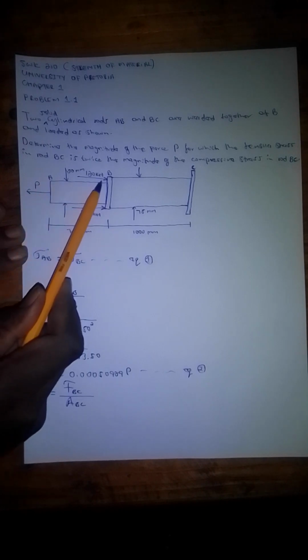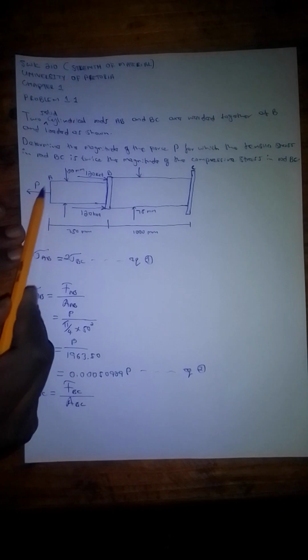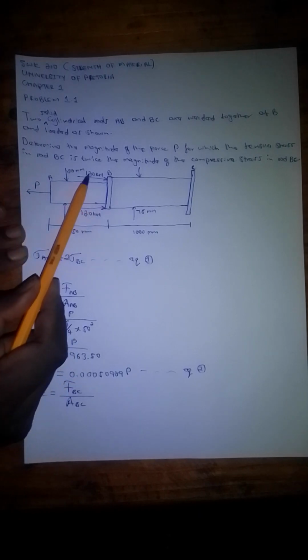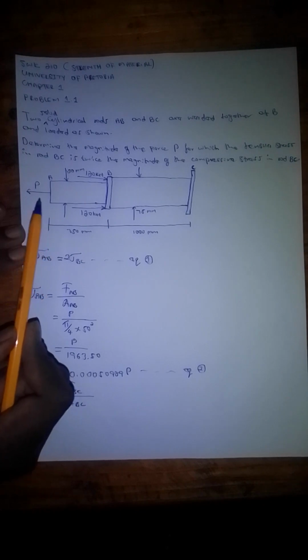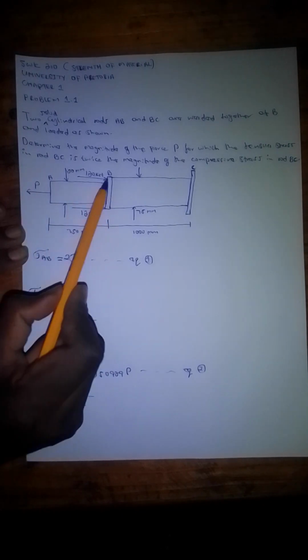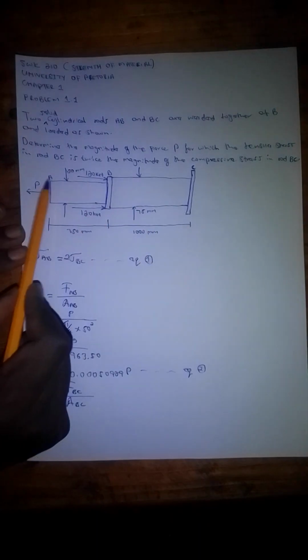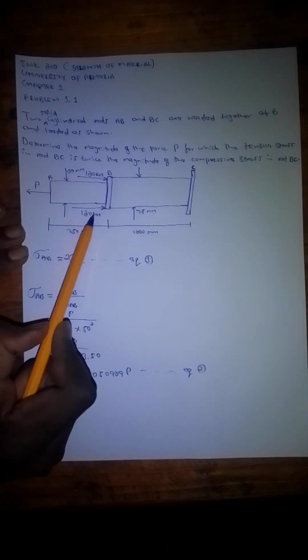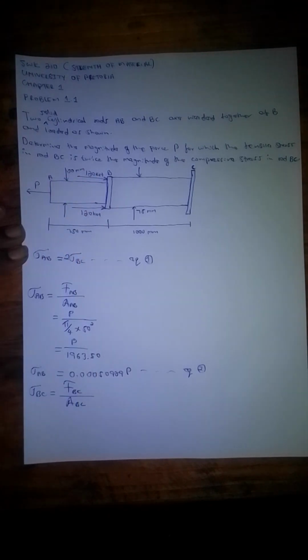Rod AB was only experiencing the force P. This is because the two other 120 kilonewton forces were applied here, and because this is mounted to a wall, AB is not experiencing any influence from these two forces. I hope that's clear.